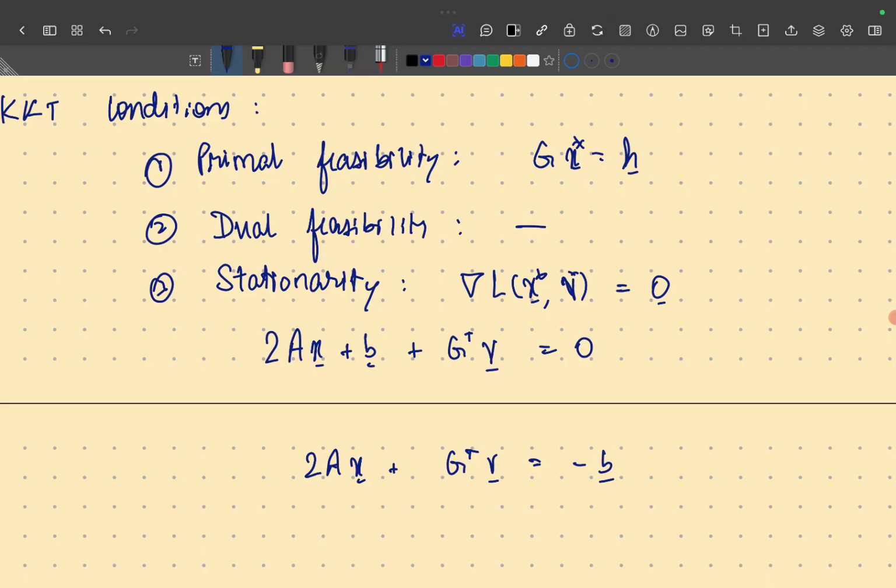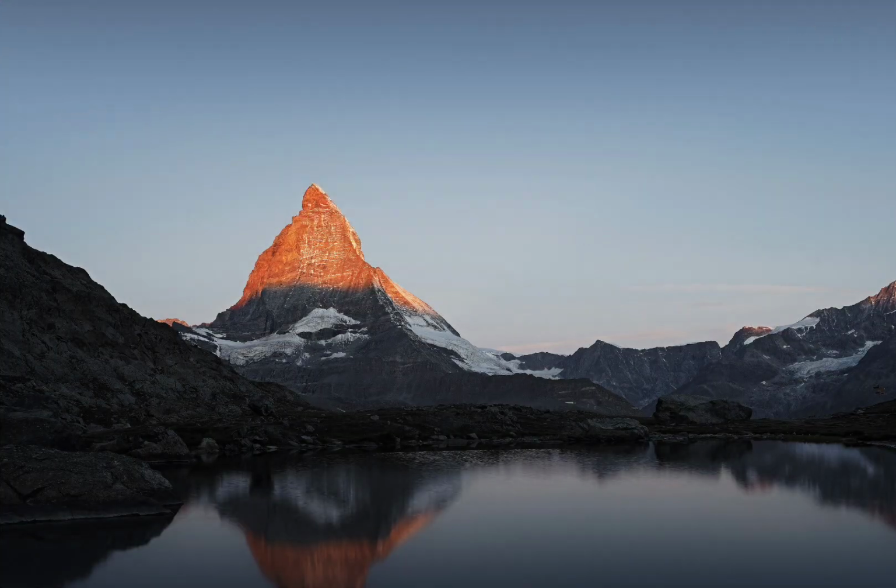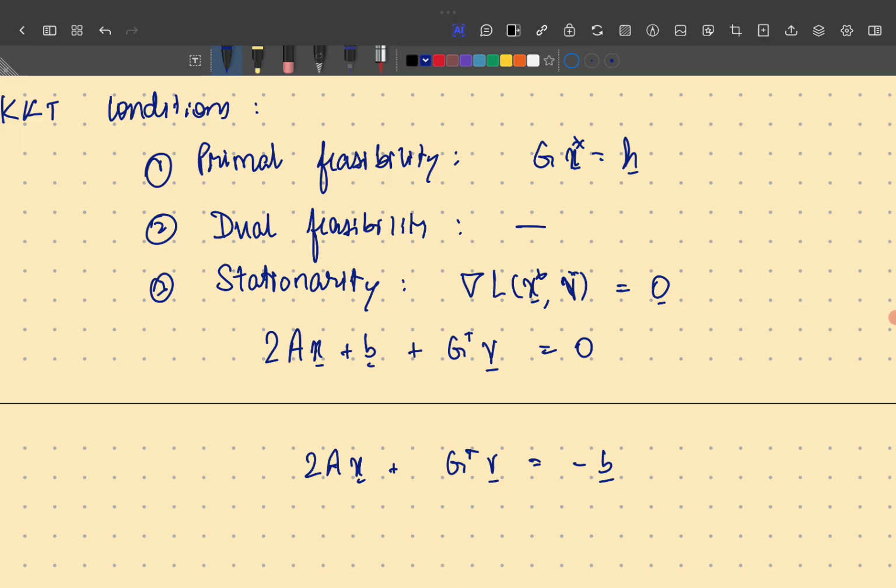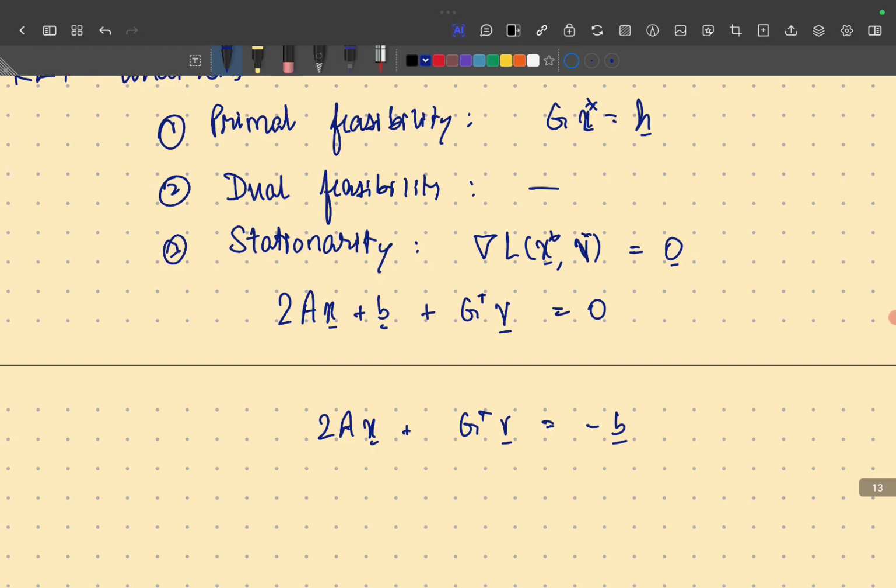Hope this is visible. Okay, so right now it's not clear how I can simplify this any further, but if I stare at everything I have for a while, then essentially I already have a solution. Let me just collect the primal feasibility constraints and the stationarity constraints as one big system of linear equations.